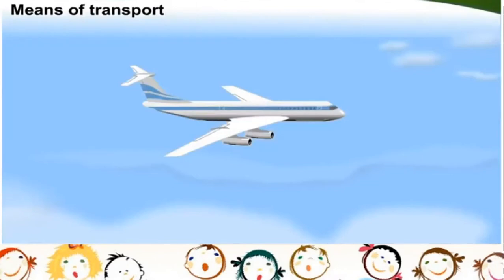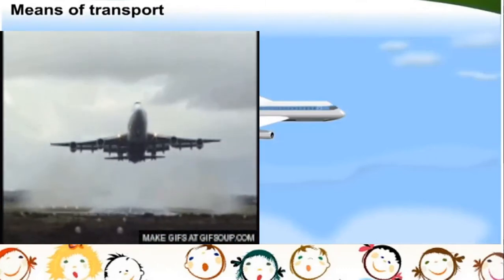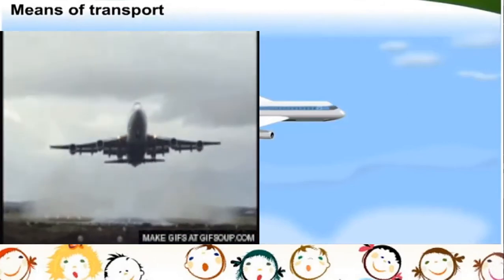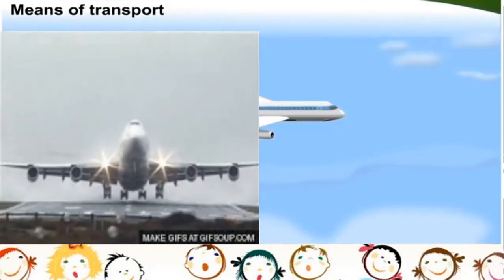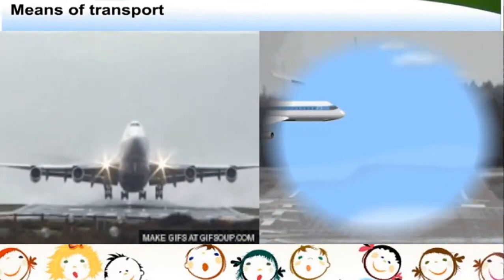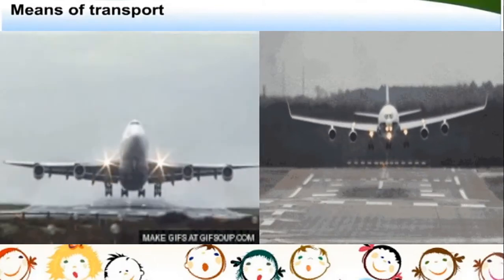And then you must have seen this also, which you can see only in a city. This is an aeroplane. It flies in the sky. See how it is taking off. It starts running on the ground and then it flies into the sky. After it has finished its flight, it again lands on the ground. Can you see how it is landing?